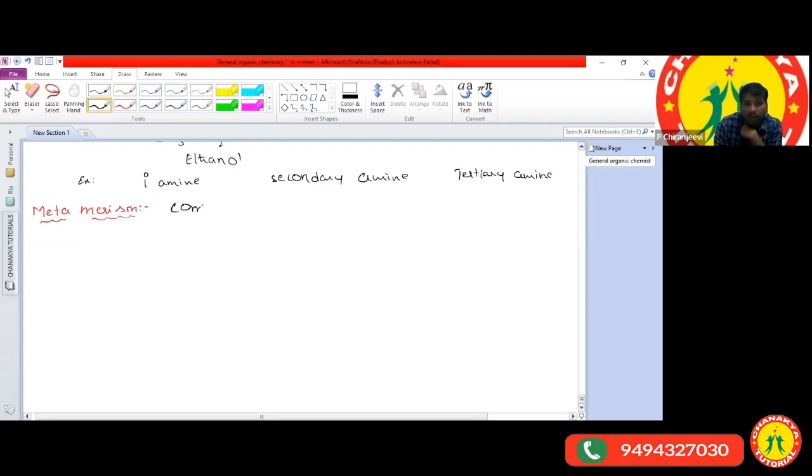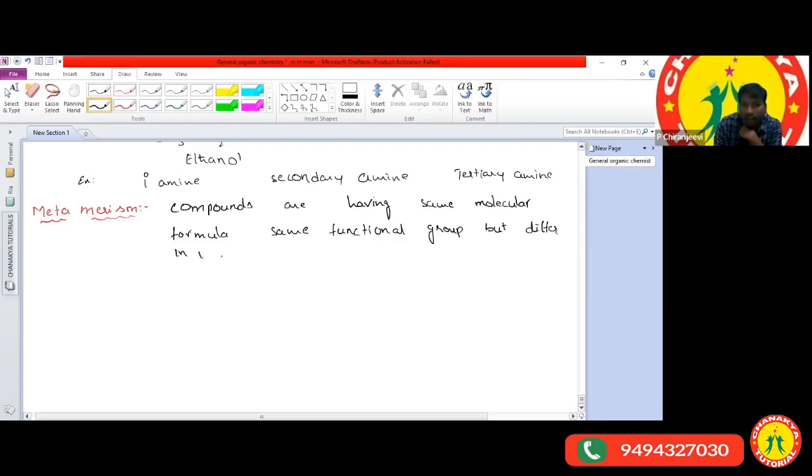Here, compounds have the same molecular formula and the same functional group, but differ in the number of carbon atoms, that is, the carbon chain length, which is attached to the same functional group.